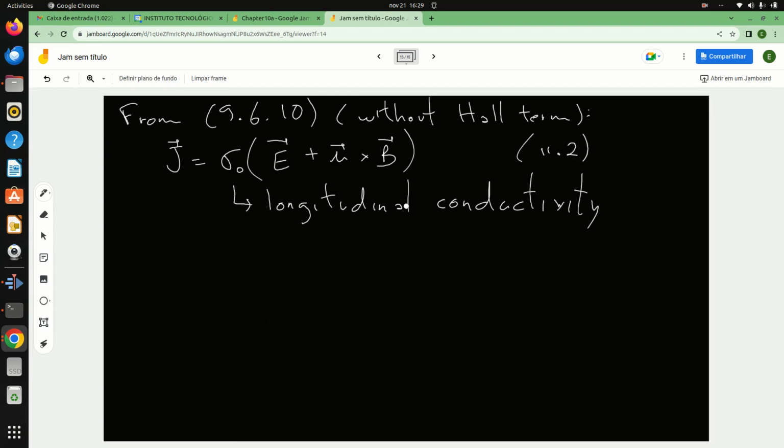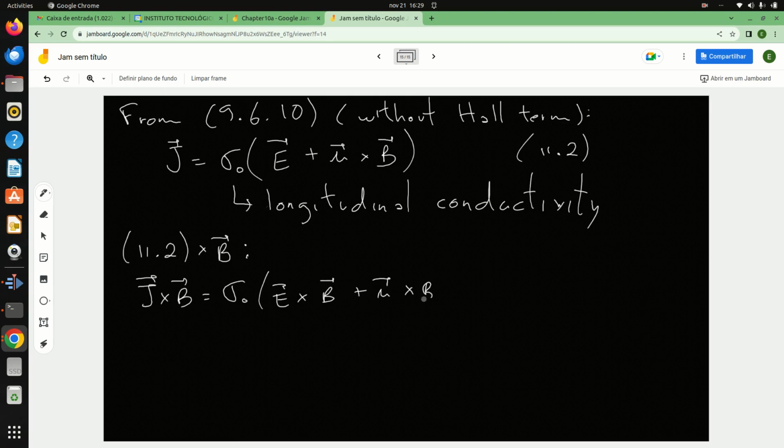And we'll call this 11.2. If we take 11.2 cross B, we get J cross B is equal to sigma (E cross B plus (U cross B) cross B), right? Which is equal to sigma E cross B minus sigma B square U perp. 11.3.